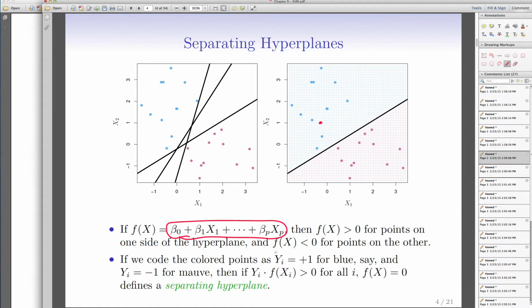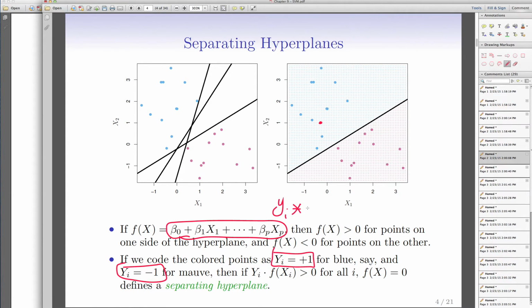We can also define one category as +1 and one category as -1. And if we do that, anytime it's positive we assign it to positive, and anytime it's negative we assign it to negative. The product of the classification times this will always be more than 0.